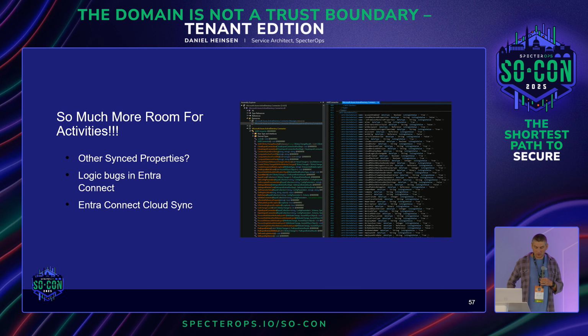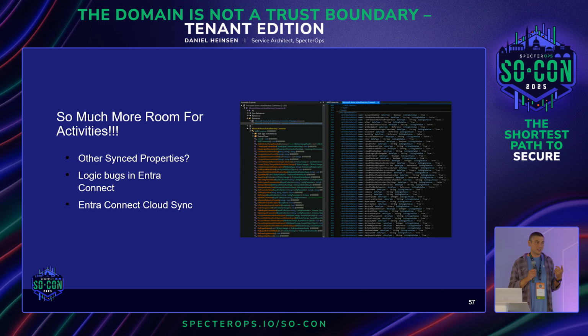The last slide that I want to leave you with is just something to take away, which is there's a lot more to do here, right? I've been looking at this for a while, and we've identified some really fun things. The places I want to go next are, there's this whole list of properties. There's a lot of Office 365 properties that are interesting.